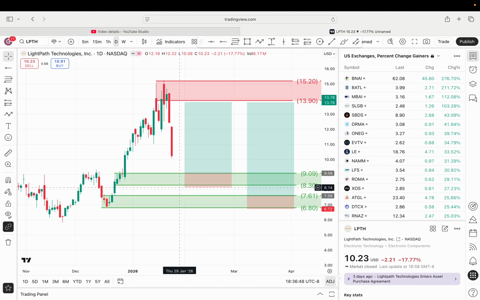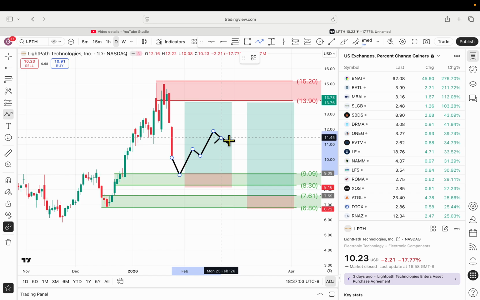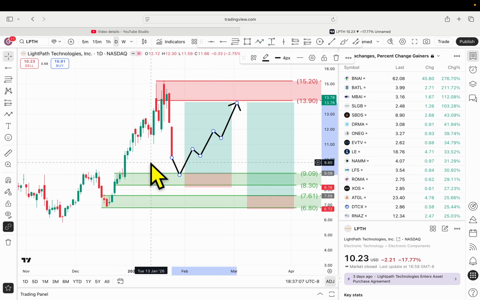Ideally, if you went for the upper support level, you'd be looking for price to do something like this: continue heading lower, maybe tomorrow, maybe sometime this week, bounce off that level, and work its way back to that resistance level. That would be ideal if you went for the upper support level, okay?